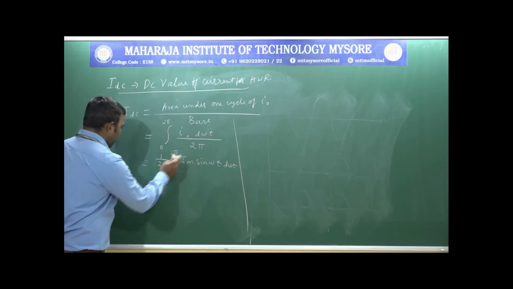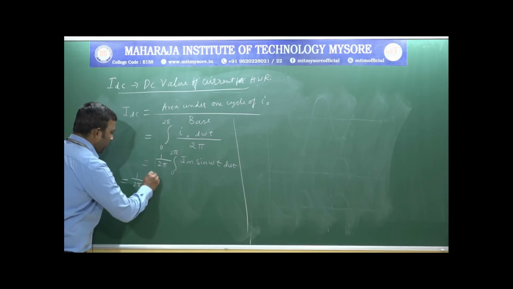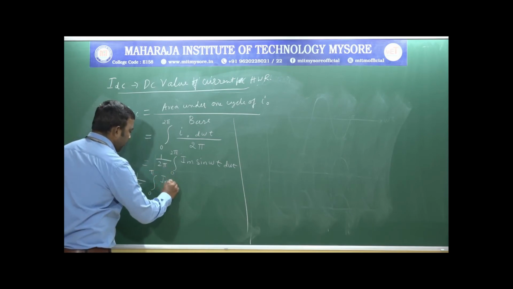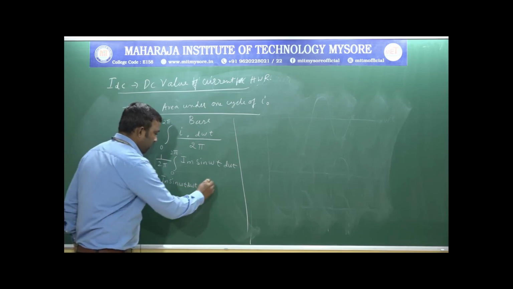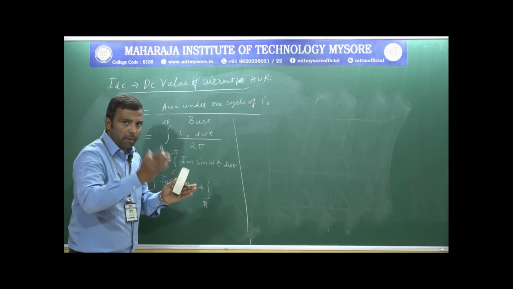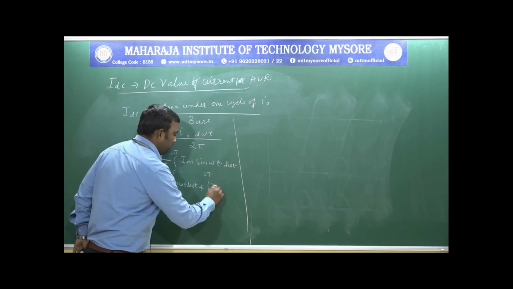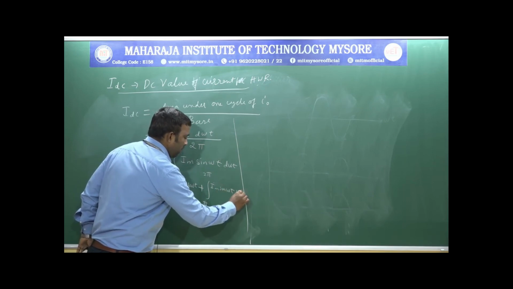Therefore, I write the integration as 1 by 2 pi into the integration from 0 to pi of Im sin omega t d omega t, plus the integration from pi to 2 pi of Im sin omega t d omega t.